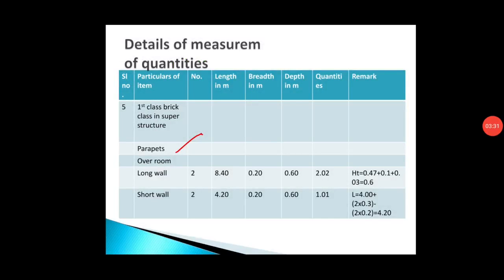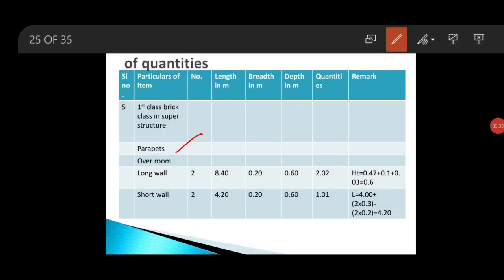So in the details of measurement form, see here, this is the long wall. Number is 2, length is 8.4, that is out to out dimension. Breadth is 0.2, height is 0.6.